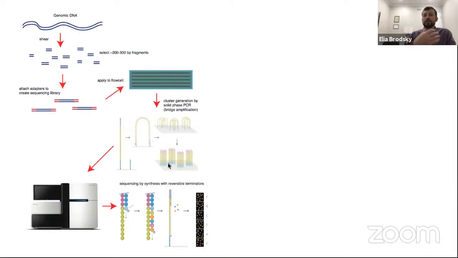And then we have this complex chemical process of PCR bridge amplification to produce enough material for the machine to be able to read it. And the way the machine reads the sequence is by looking at image analysis. So we have different colors for different nucleotides. As they attach, we can observe them.